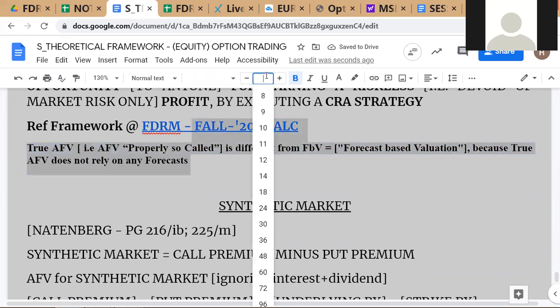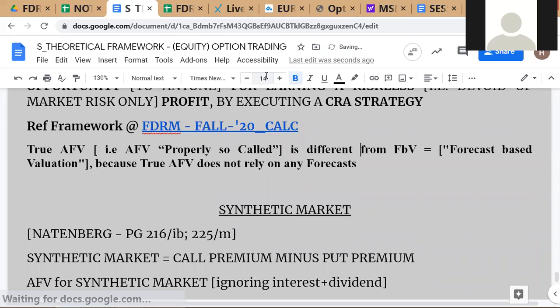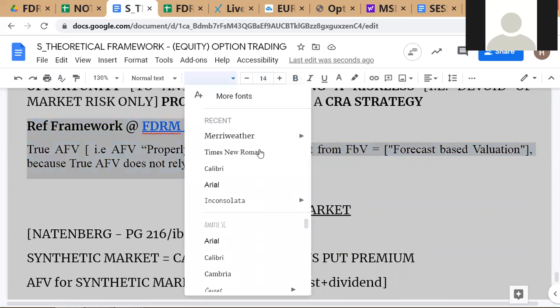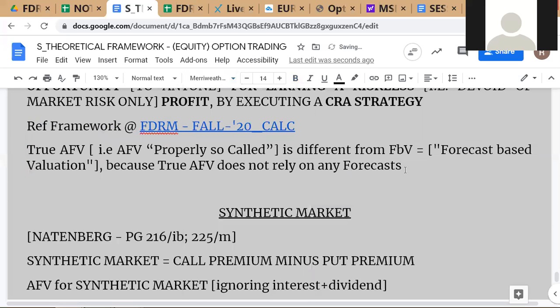I'm sure that we have the right font size here. Yeah, it's different from FPV because it does not rely on any forecast. So that's why I made this classification.